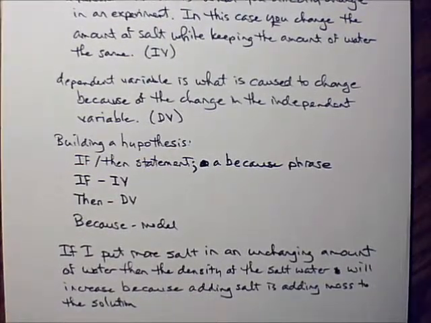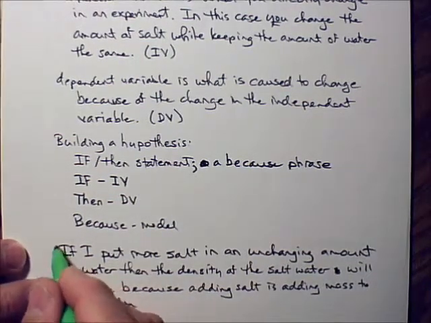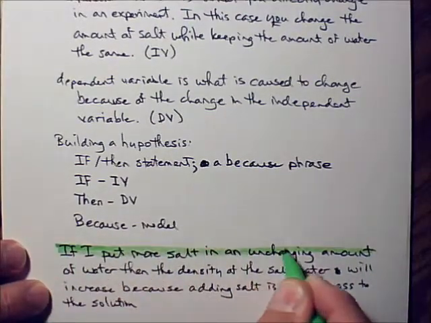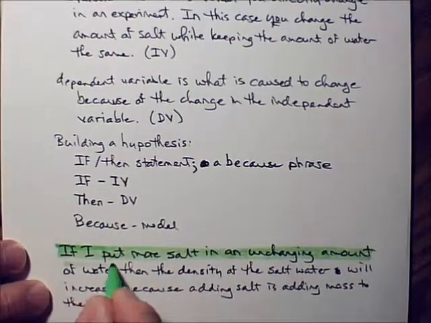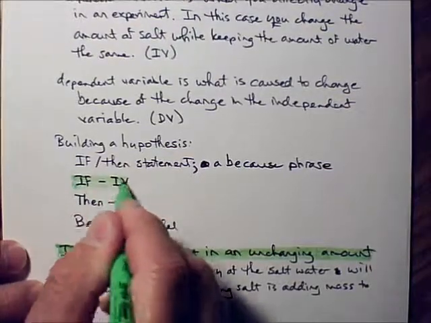Alright, so I'm going to color code a little bit. We have to do this every time we write a hypothesis. You know now. You're expected to use it now. If I put more salt in an unchanging amount of water, that's our if part.